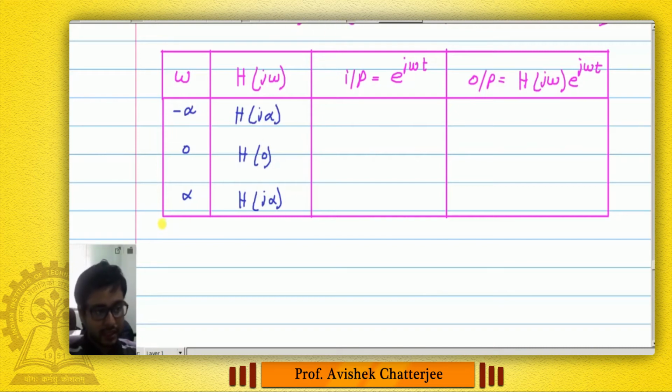So these first two columns essentially contain all the information required about a system.